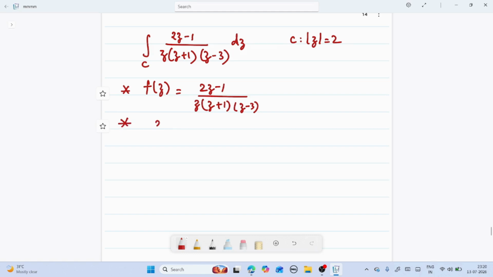Here the circle is at center (0, 0) and radius 2. Okay, so you can just plot it on a graph. Center is at the origin and radius is 2. This is just a rough graph for you to understand whether the pole is lying inside or not. So this is the graph.